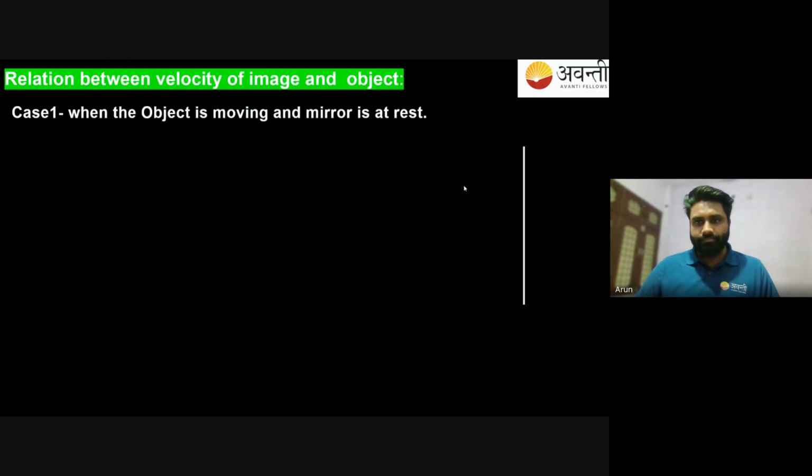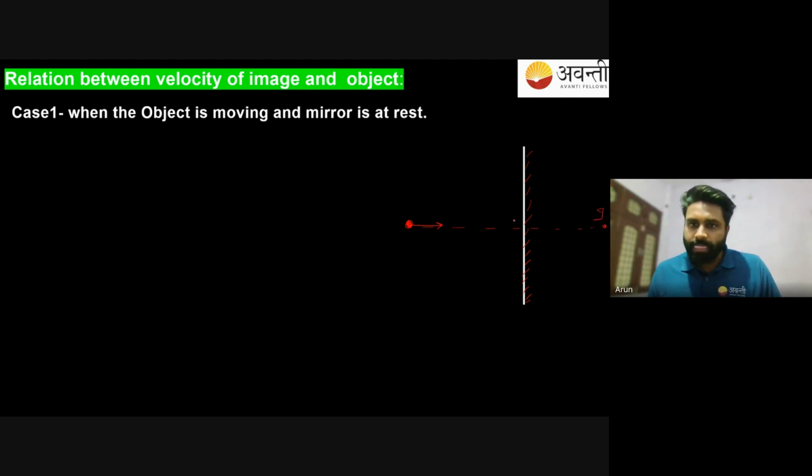This is the object we have, and this is moving in this direction. And this is the plane mirror, which is kept stationary.